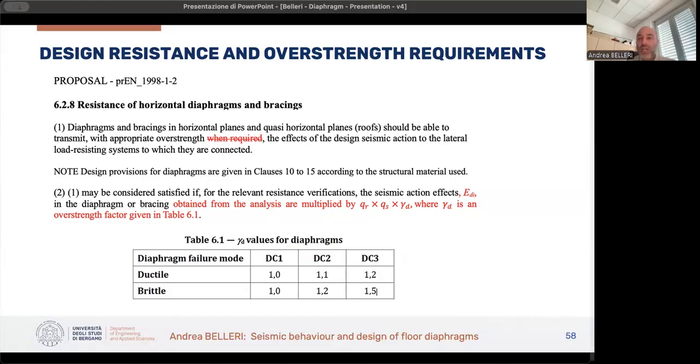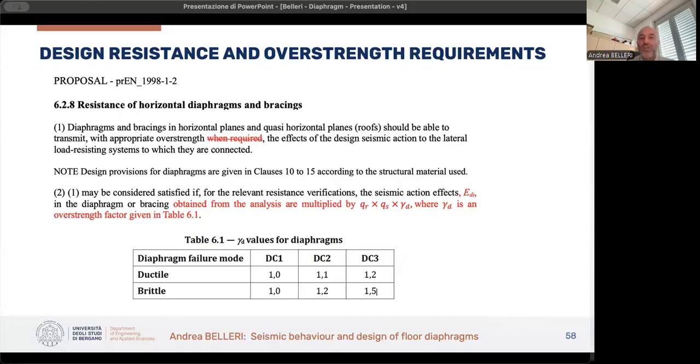Particularly in Eurocode 8, there is no consideration, as I showed you in the DSDM project, of plasticization of the diaphragm. The diaphragm is not allowed to be damaged plastically in the case of the design earthquake.